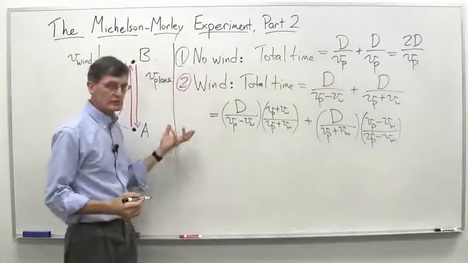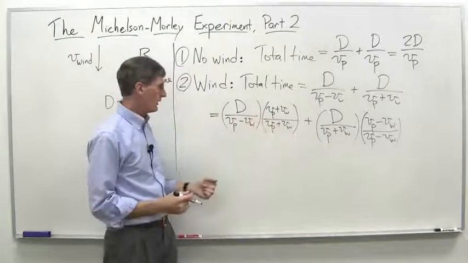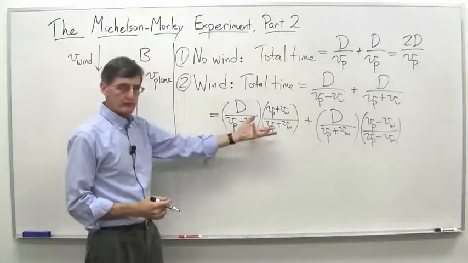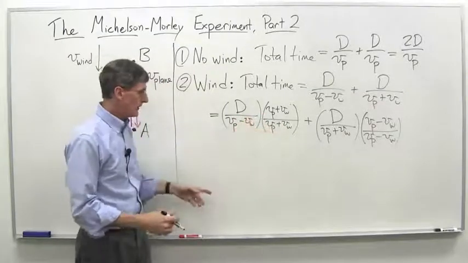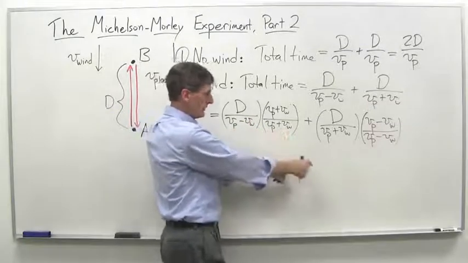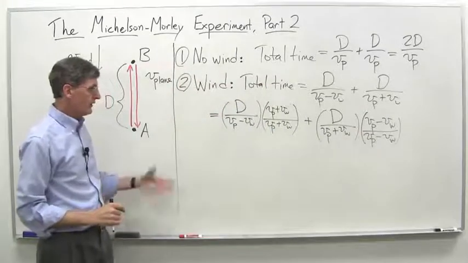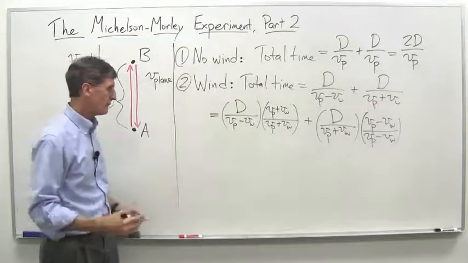So I have not changed anything. I can also multiply anything by 1 if I want, and results will still be the same. But now you see in the denominator I've got vp minus vw times vp plus vw over here. Same thing over here, but just in opposite order there. So let's put it all together and see what happens in the numerator.